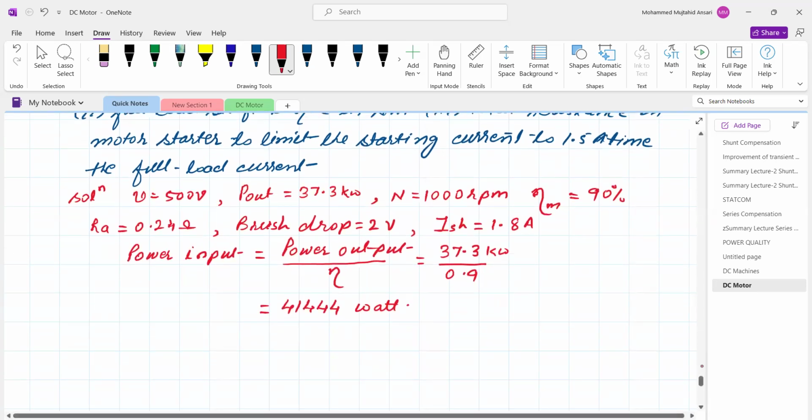Now this is DC shunt motor. It is better to draw a rough diagram.